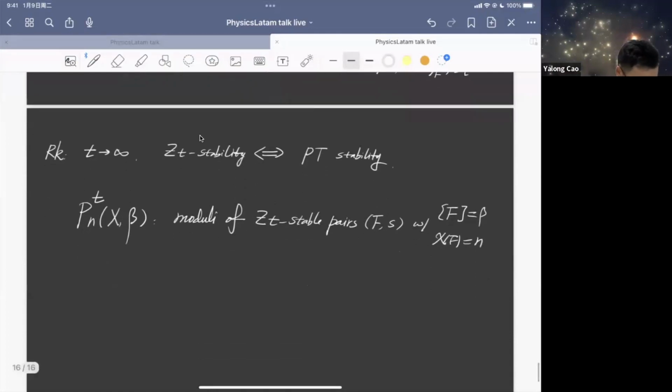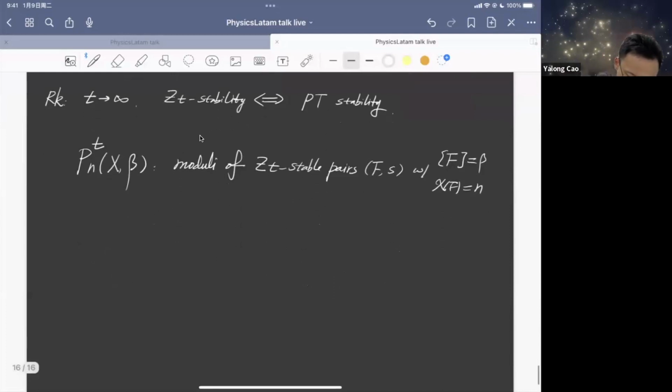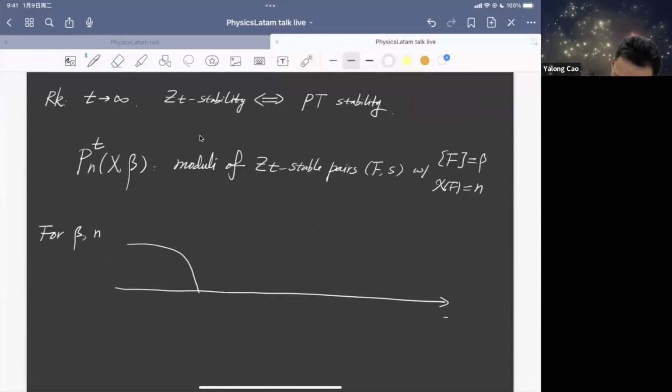Okay, so now we know that we can vary this parameter t. In particular, let me draw a picture. For fixed beta and n, we can draw this diagram. When t is sufficiently small, this moduli space will be empty.